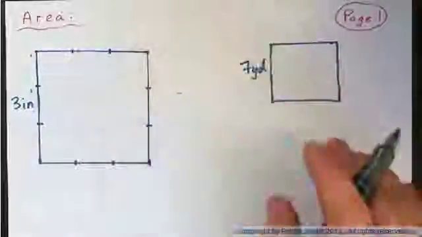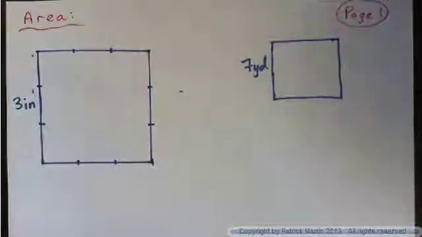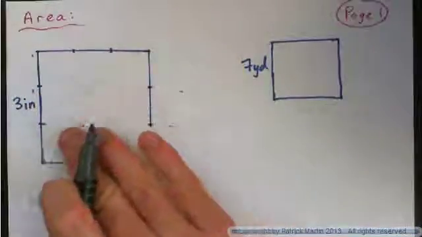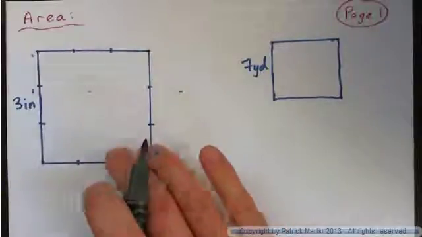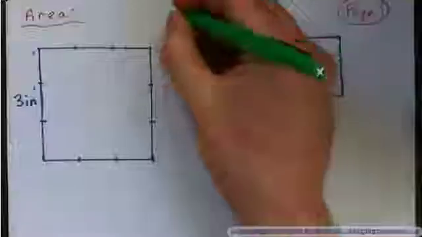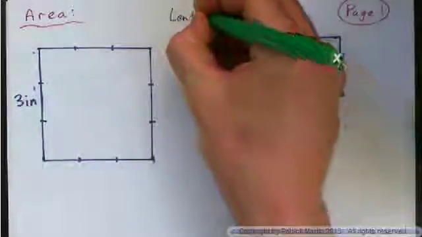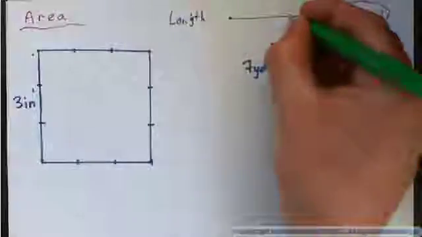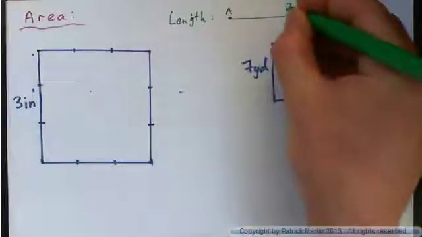So to measure area, area means a measure of the amount of surface of something. We look at length a lot. You've got length, which is one-dimensional, just the length from this point to this point, the length from A to B. How long is that?